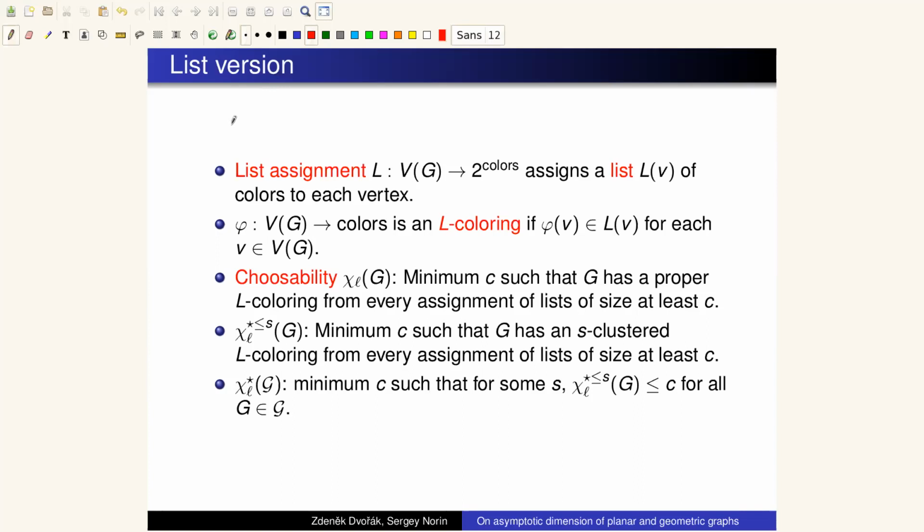More precisely, a list assignment is a function that to every vertex assigns some set of allowed colors that you can use at this vertex.